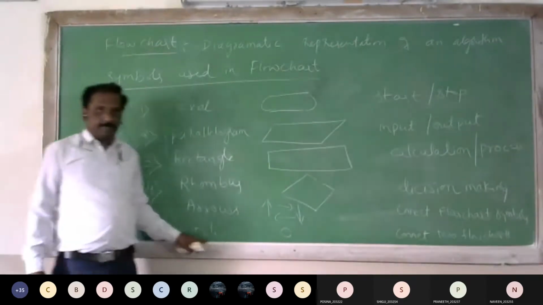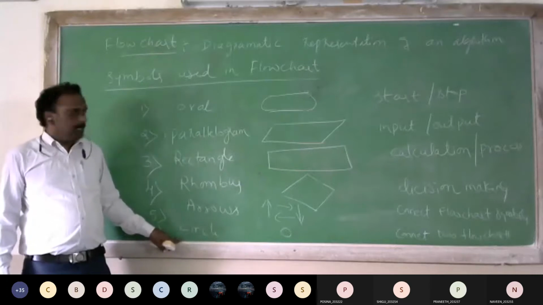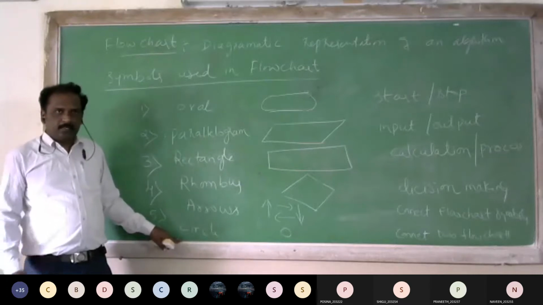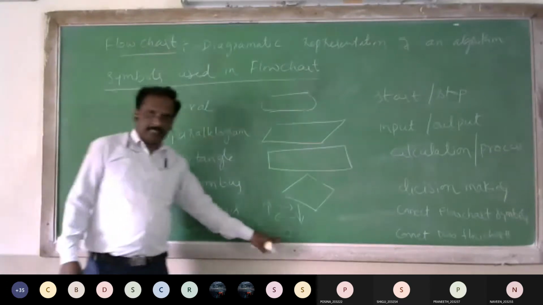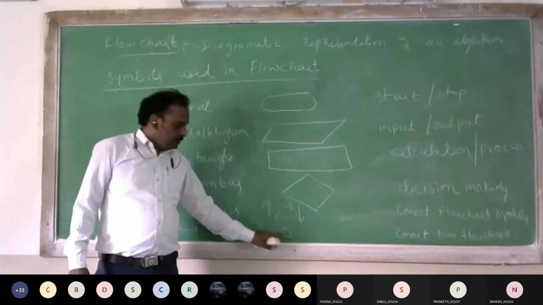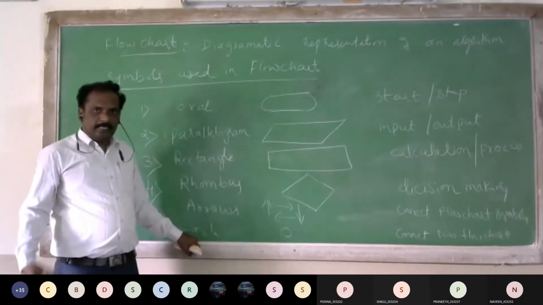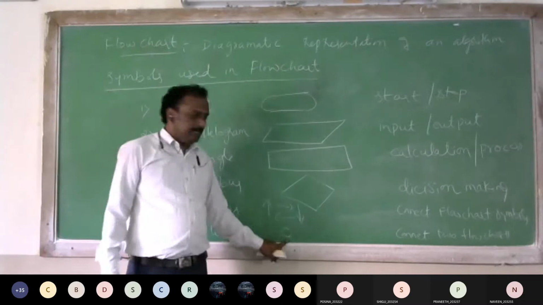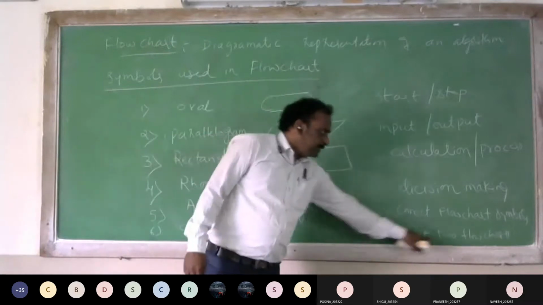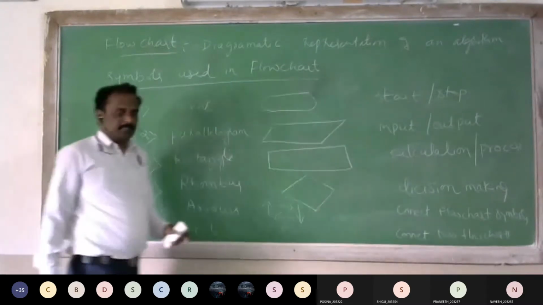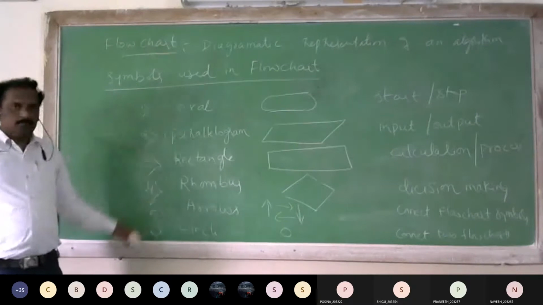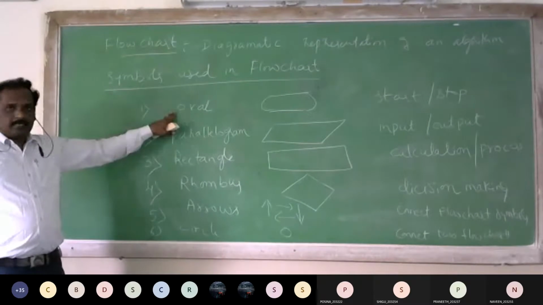Suppose our flowchart is bigger and we are not able to draw it on a single page. Then to connect from one page to another page, we use the connector symbol. So these are the different symbols used for flowcharts.